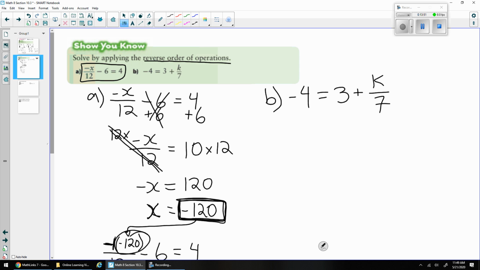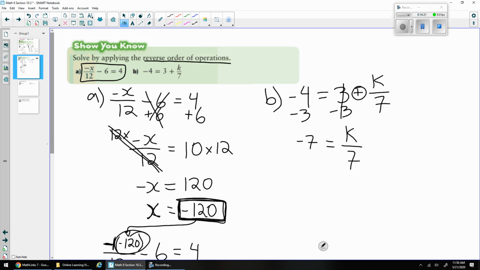This 3 is positive, so I'm going to subtract 3, put in a negative 3 to cancel it out, and do a subtract 3 or negative 3 on the left side. And now I rewrite. Negative 4 minus 3 is negative 7 is equal to, on the right side now, this is a positive, so I don't really need to write that because it's just saying that that fraction is positive. K divided by 7.